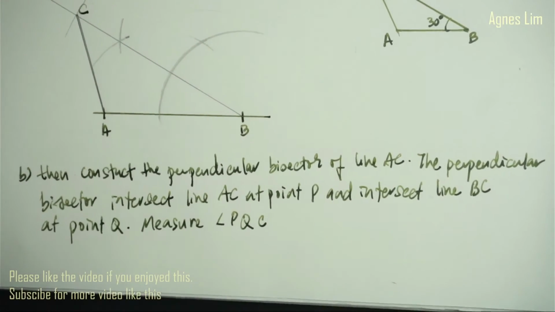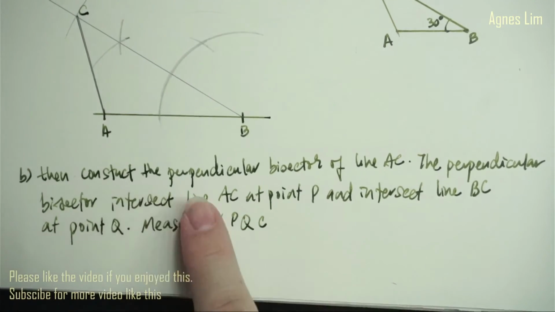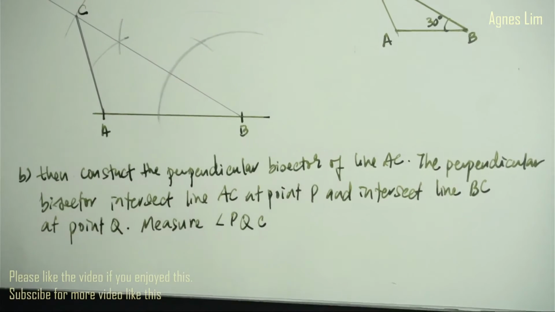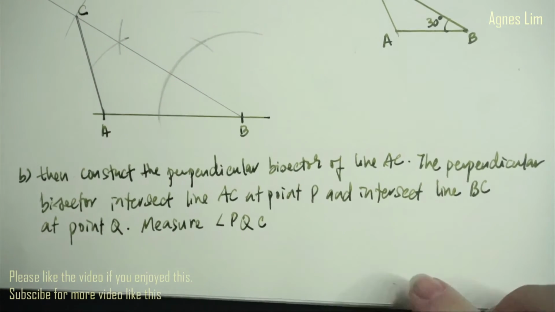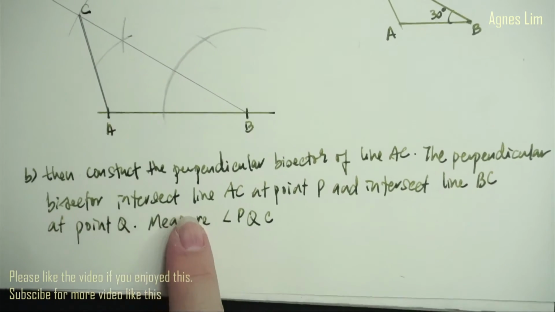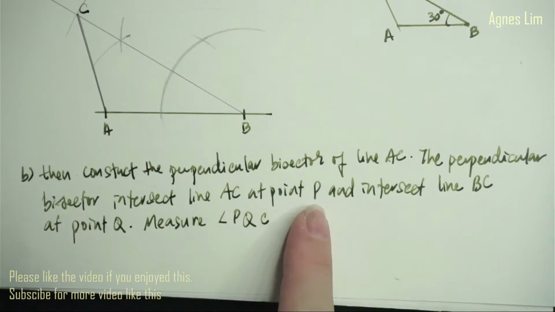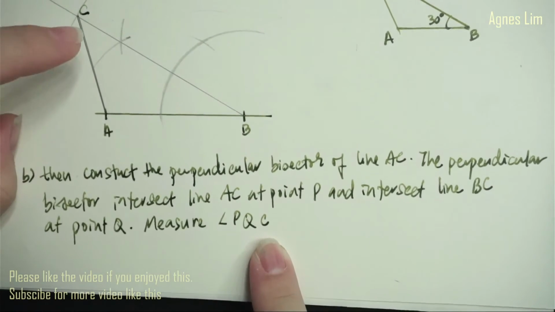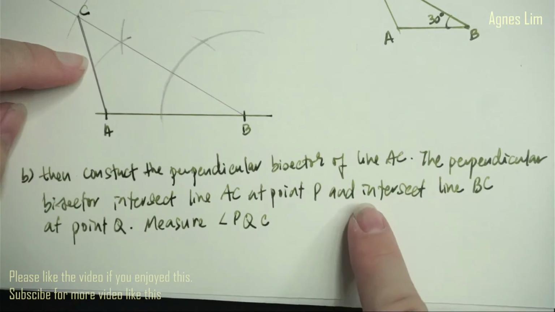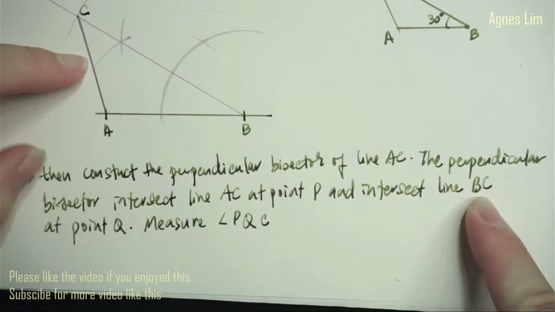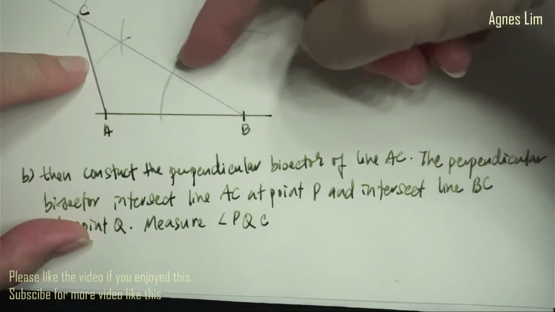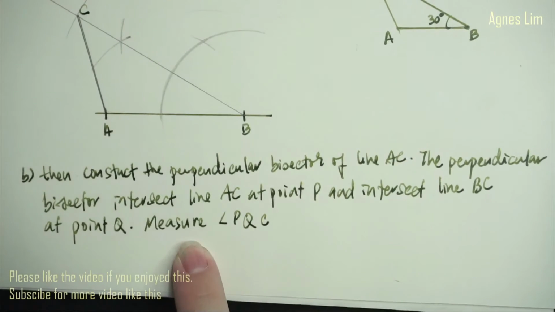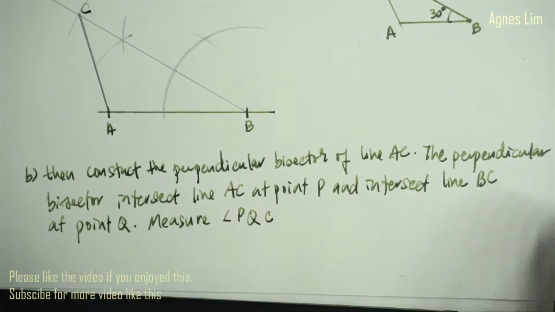Alright, so it says here, then construct the perpendicular bisector of line AC. And then the condition is the perpendicular bisector intersects line AC at point P. So somewhere here there is point P, and then it says it intersects line BC at point Q. So somewhere here there is a Q. Lastly, it asks you to measure the angle of PQC.